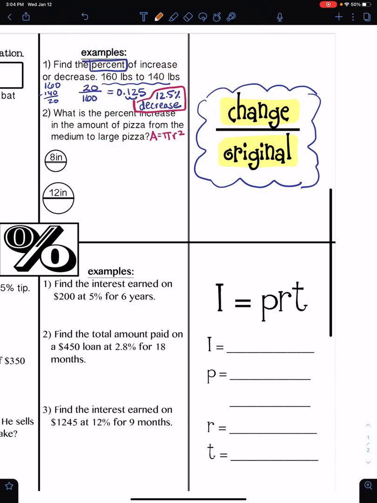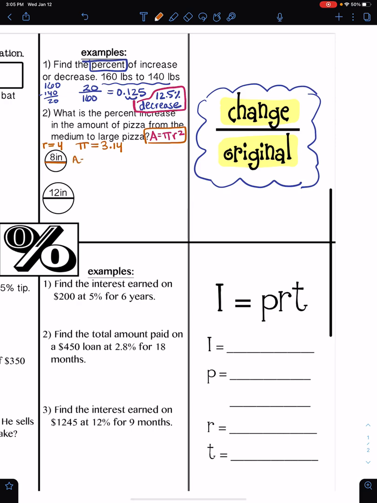So for this medium one, this is called the diameter, the distance across. So if the diameter is 8, then the radius, or halfway across, is 4. And pi is this number, 3.14. So I'm going to use the formula, area equals pi r squared, to figure out how much pizza we get in the medium.